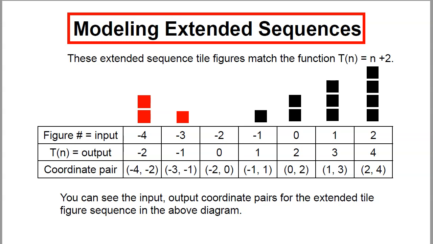The function values go up by 1. So you can see the function value when n is -4 is -2, and then that goes up to -1, then 0, then 1, then 2, then 3, then 4. You could have more complicated figures, but these figures have simple black and red tile representations.